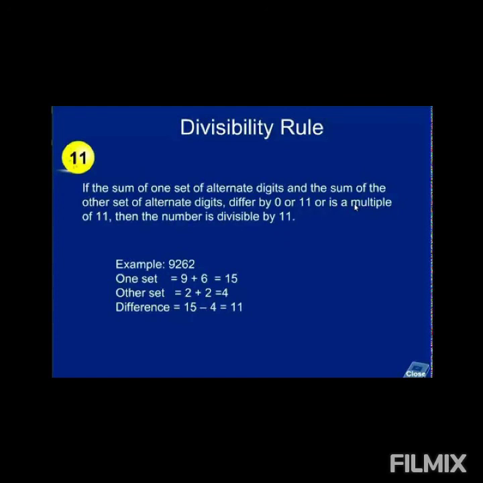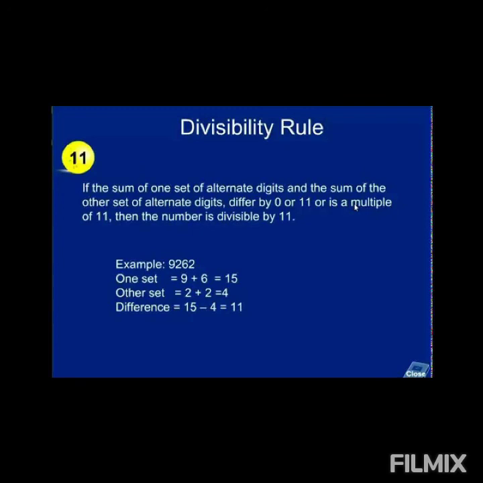We will skip the second number, okay? For 9 plus 6 you will get 15. Now we will add the numbers at the second and fourth place. So you will get 2 plus 2 is equal to 4.